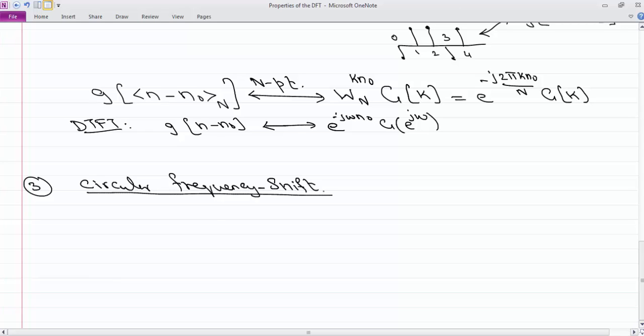And again, the idea is very similar to what we have in the discrete time Fourier transform world, which is that if we modulate our time domain signal, so if you have g[n], and if you modulate it by a frequency in the DTFT world, that corresponds to a shift in frequency.